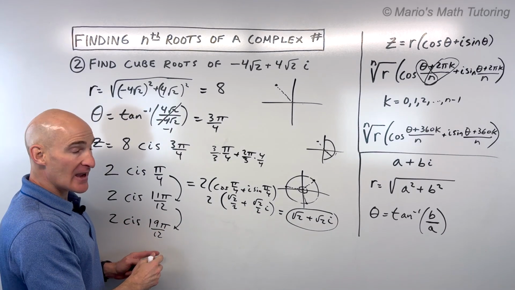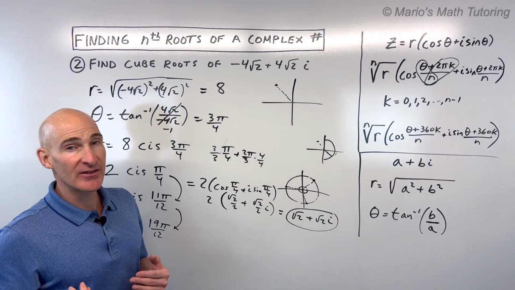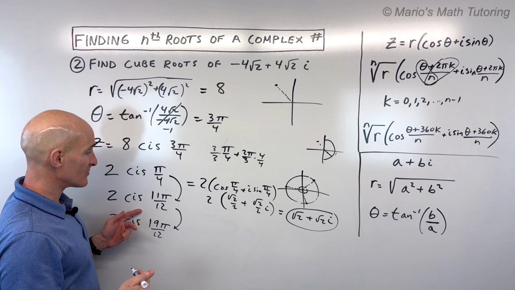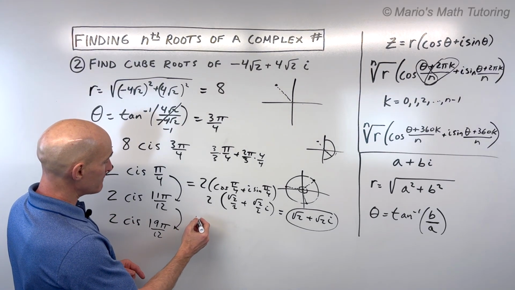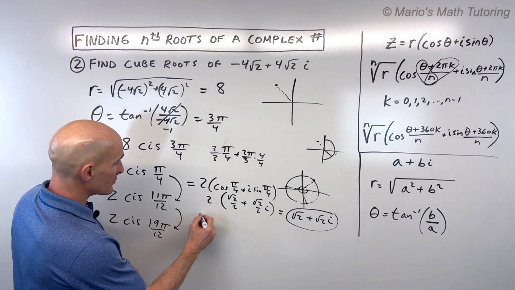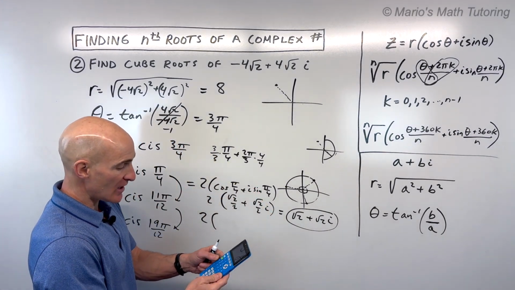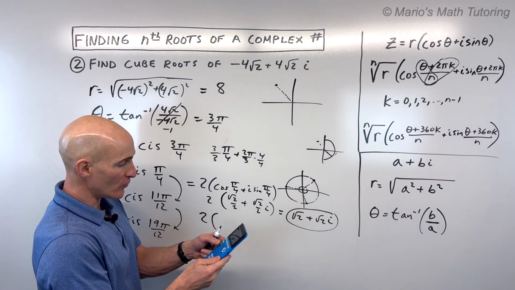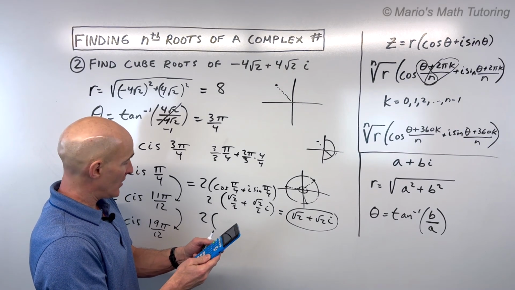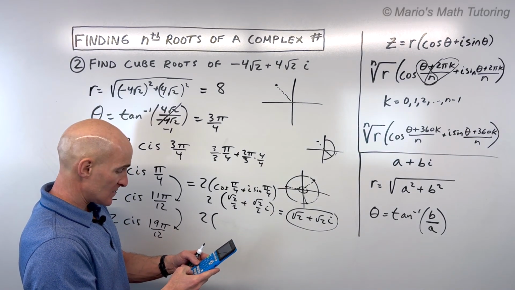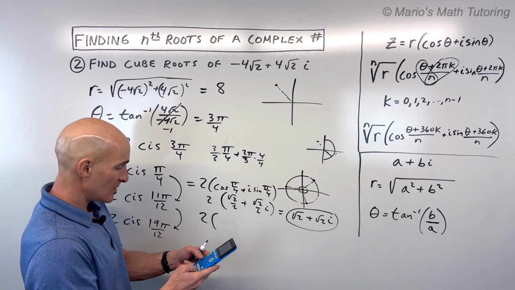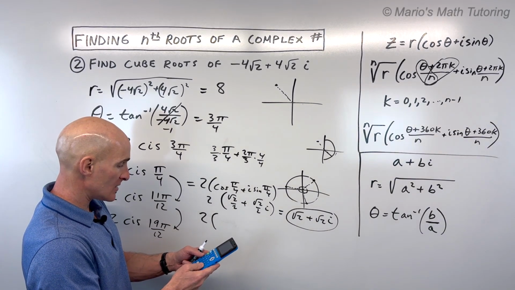11 pi over 12 and 19 pi over 12, we're not familiar with those angles on the unit circle, so we're going to have to do some calculations here. So this is going to be 2 times the cosine of 11 pi over 12. Make sure your calculator is in radians here. I'm using a TI-84. If you want to check that out, I'll put a link. So let's do it all together.